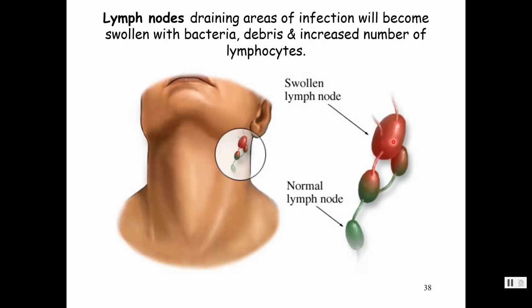If it is something foreign that can cause disease, then those lymphocytes are going to respond. They are going to go through proliferation, and then they're going to do their job. So when lymph nodes are swollen, that means those lymph nodes are draining sites of infection. They're swollen with bacteria, debris, and increased numbers of lymphocytes.